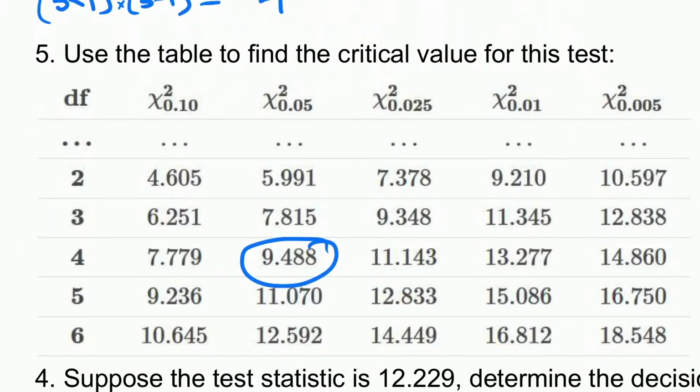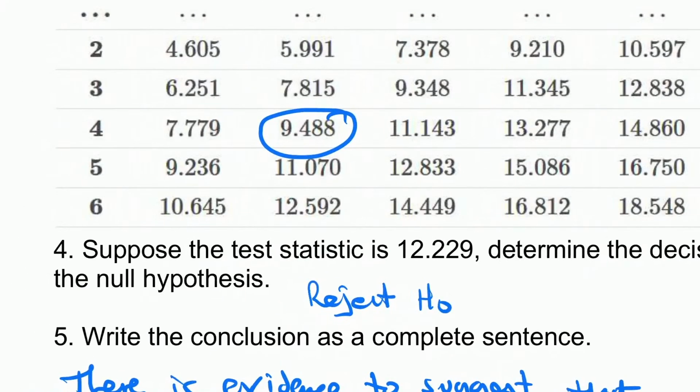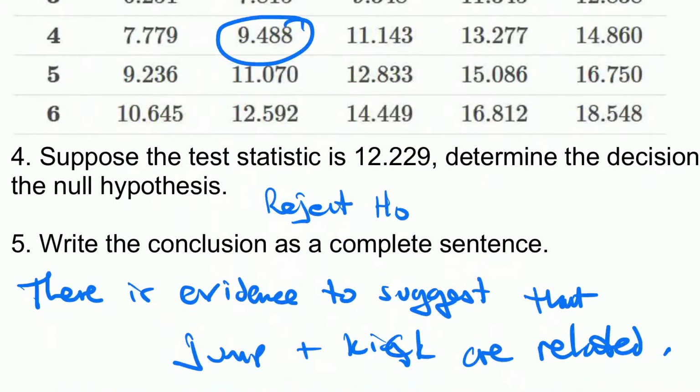So there it is, 9.488. I gave you a test statistic. This rejects the null hypothesis because it's bigger than the critical value. And so there is evidence to suggest that jump and kick are related. So in my fictitious example of, I suspect that there's even more of a relationship than this, you know, because I've seen the soccer videos of penalty kicks.